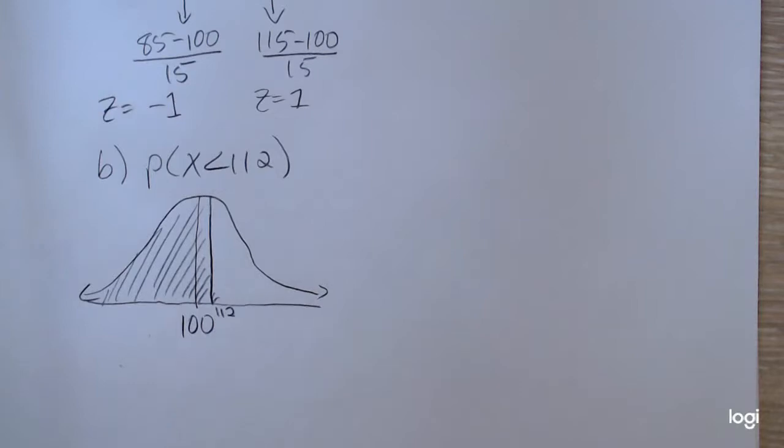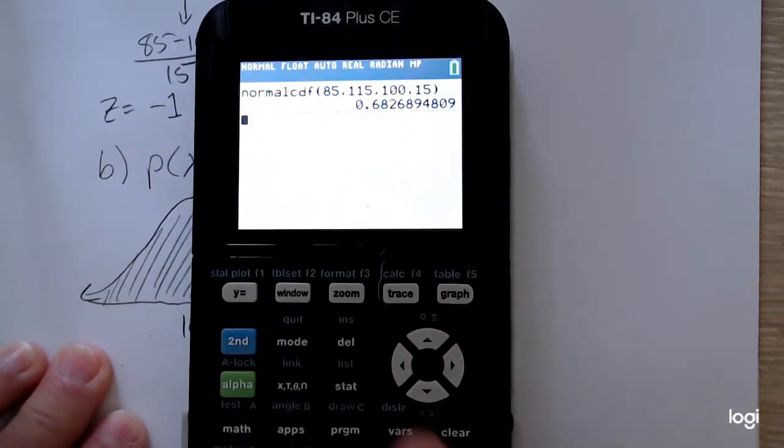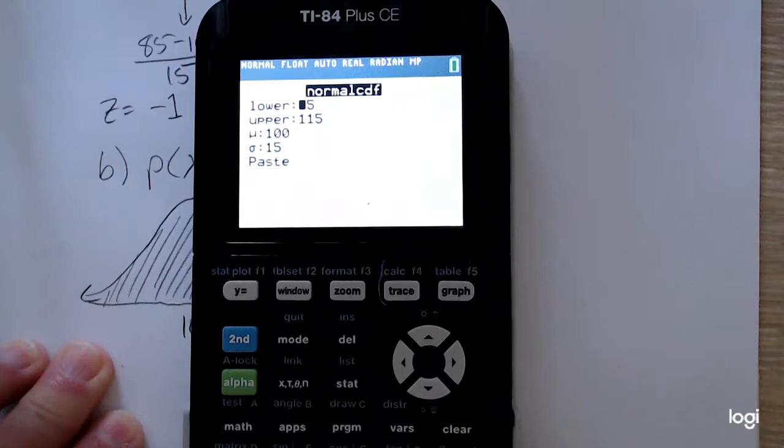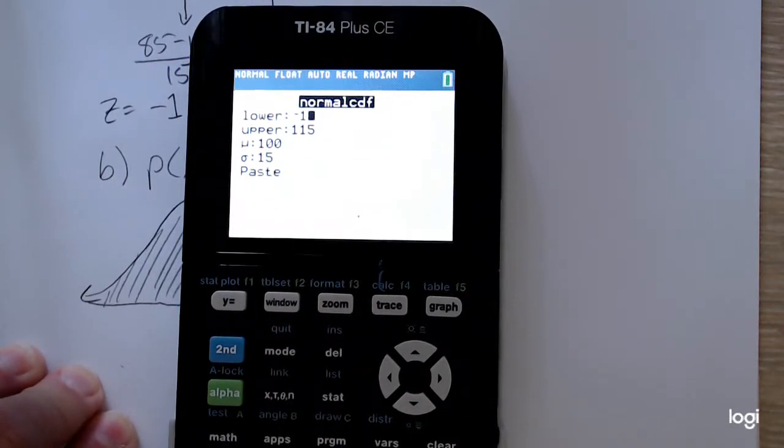Going to my calculator, going back to the normal CDF in the distribution menu. My lower bound is theoretically negative infinity, but there is no negative infinity key on the calculator, so I'm going to put a -1 with several zeros.